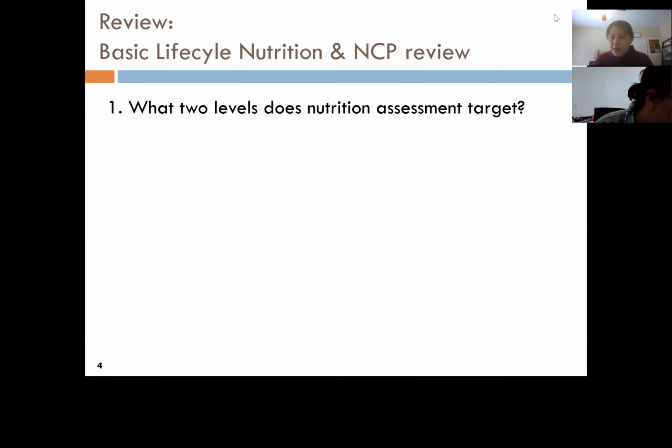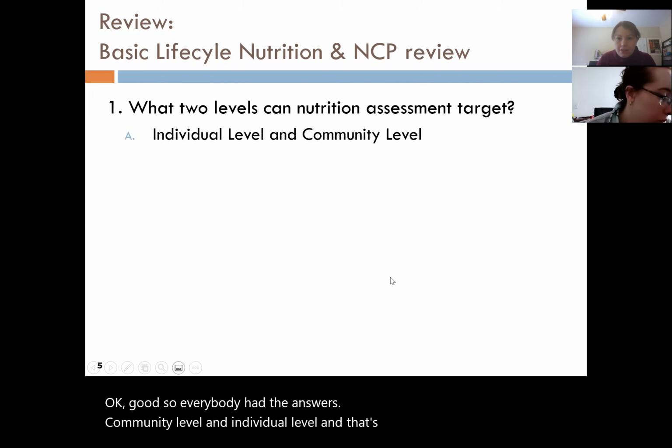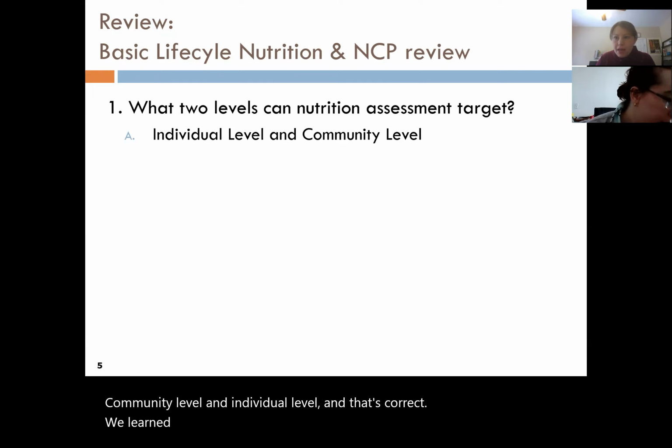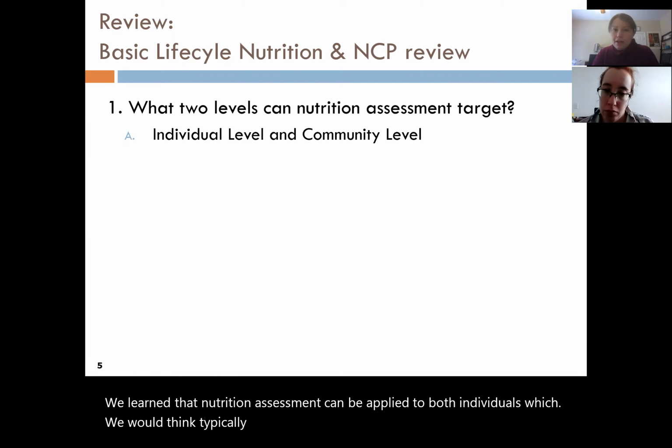Okay, good. So everybody had the answers community level and individual level, and that's correct. We learned that nutrition assessment can be applied to both individuals, which we would think typically of our clinical populations.